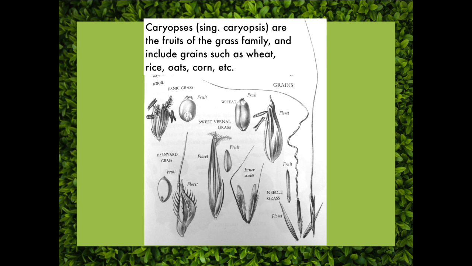Actually, we release the seeds, and we eat the seed that's within the caryopsis. So if you eat whole grain, you might be getting some of the fruit in there as well. Mostly what you're eating, if you're eating whole grain, is the seed coat around the seed that's in there. But in order to get those grains, we have to release them from the caryopses.